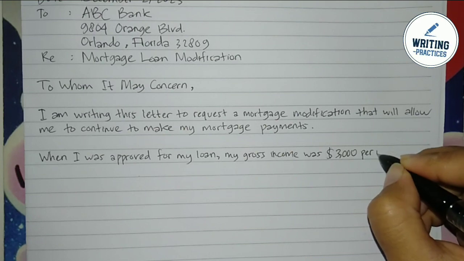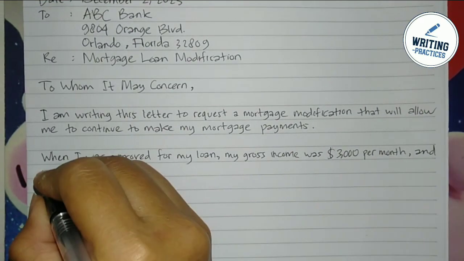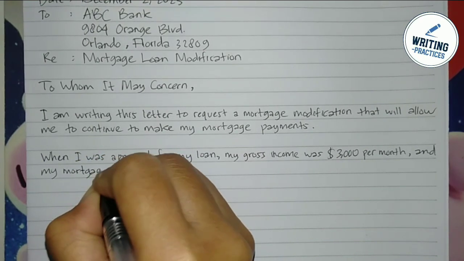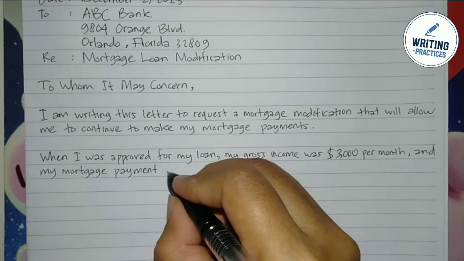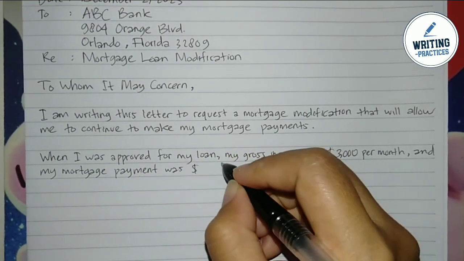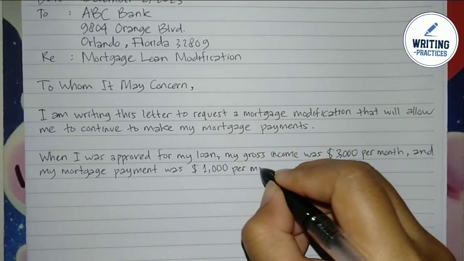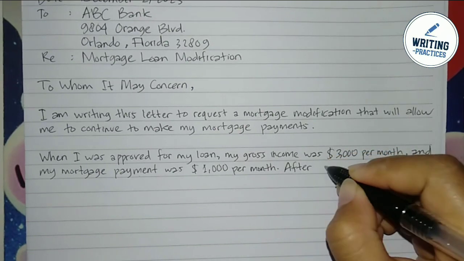So, you can simply write, when I was approved for my loan, my gross income was $3,000 per month. Yes, just mention your salary at the first time you signed the agreement. And write also how much money from the salary that you used to pay for the mortgage at that time. In this example, from the $3,000 salary, the writer used $1,000 per month to pay for the mortgage.